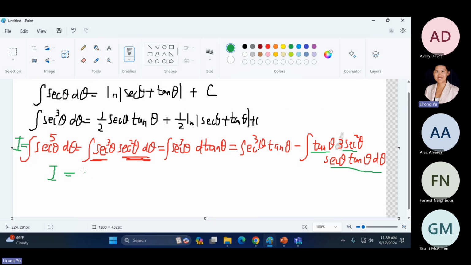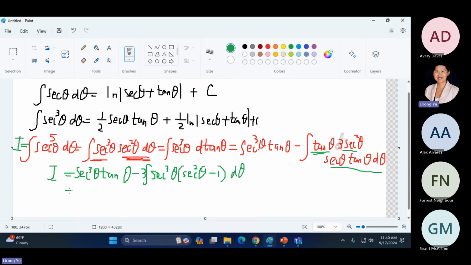I is equal to secant cubed of theta tangent theta minus the integration. There's a 3, and then we have secant cubed theta times tangent squared. Tangent squared is secant squared theta minus 1, d theta.